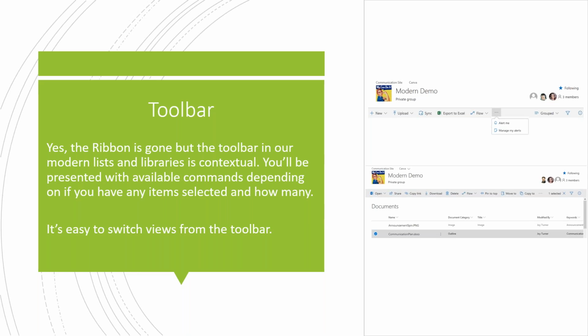But better than anything that was ever on the ribbon, I have to say, are the new Filters pane and the Details pane. Those make the new modern interfaces of the library worth every bit of, dare I say, frustration for when we first transitioned over to our modern list and library interfaces.